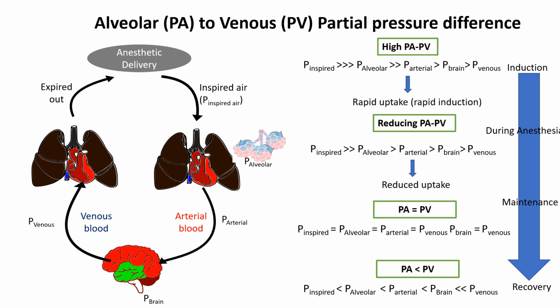The reverse gradient drives the gas from the brain back into the alveoli for exhalation. Though there are factors that affect this gradient, like solubility and tissue uptake, the main point is that a higher gradient facilitates rapid uptake and faster induction of anesthesia.